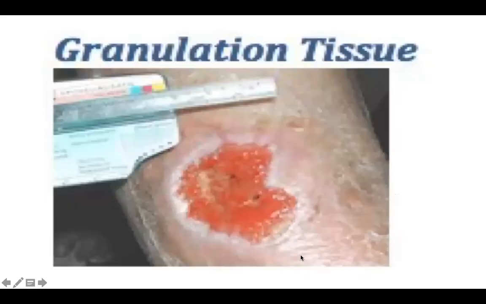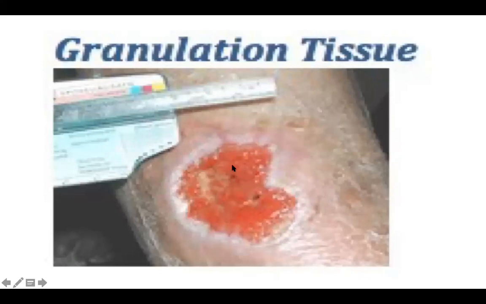Now, if you have an injury to your skin and you want to know that healing is going to be successful, you just have to look at the base. Look at this wound. The base is pink, somehow reddish pinkish in color. There is no pus.